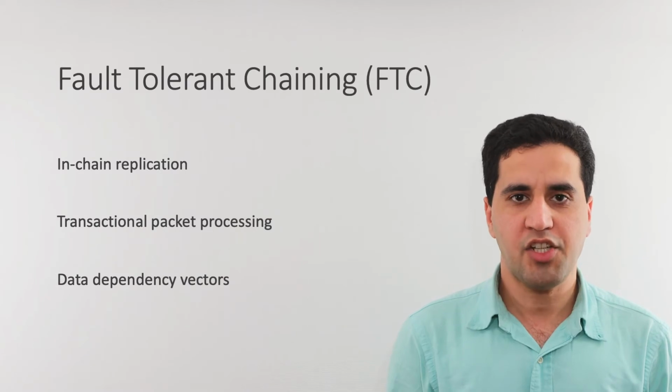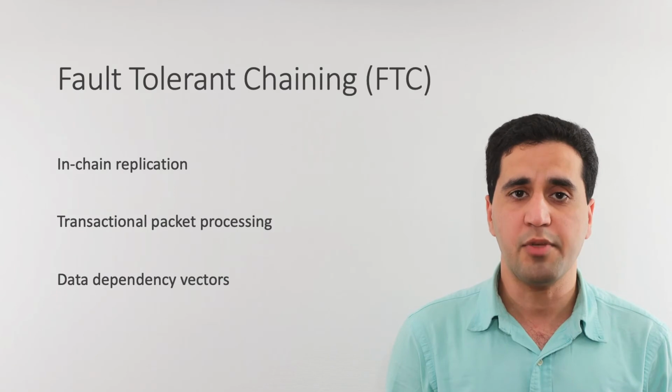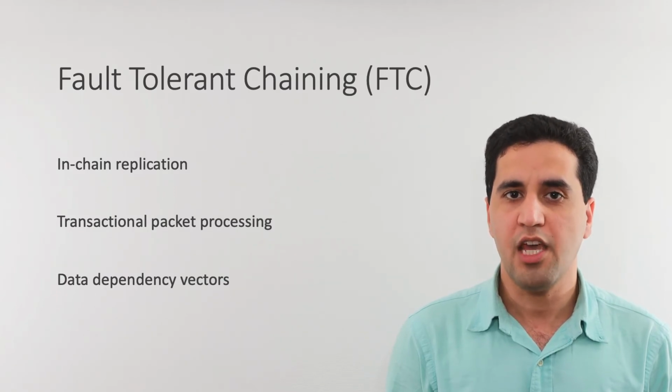FTC has three main ideas. Internal replication, where FTC uses the chain itself to provide fault tolerance. Transactional packet processing, which simplifies the development of multi-core fault-tolerant middleboxes. And data dependency vectors, which allow FTC to scale up and down middleboxes across the chain independently.